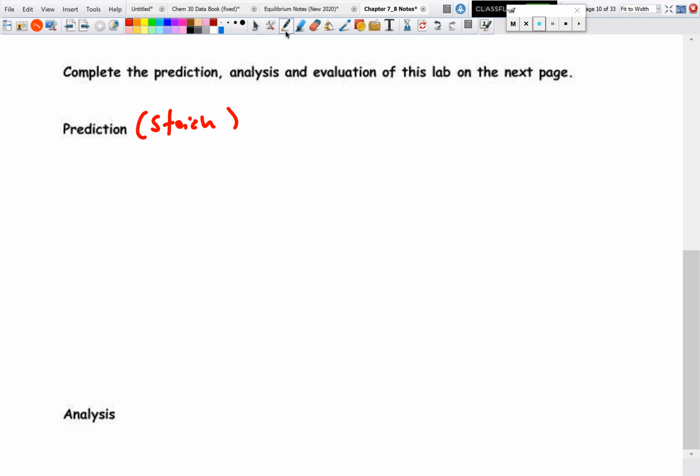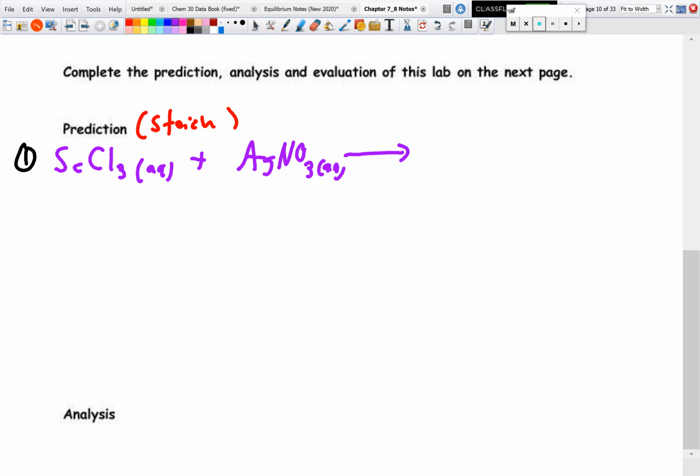So for our stoich, we're just going to follow the exact same steps that we did last time. I'm not going to write out every single one, because as we know, step 1 is our balanced chemical equation. In this case, our balanced chemical equation is we had our scandium chloride plus our silver nitrate. This is a double replacement reaction.